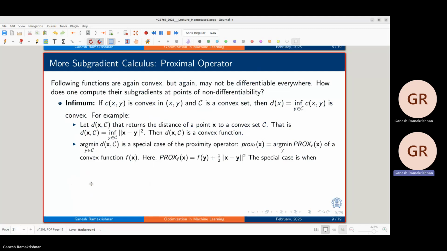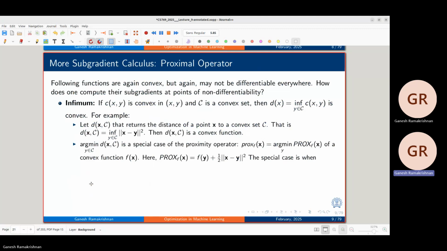What I'm referring to as the usual gradient here is the gradient of f simple of x. And in the second step, the proximal projection, that's the prox operator there. So here the prox is computed with respect to the simple function f.